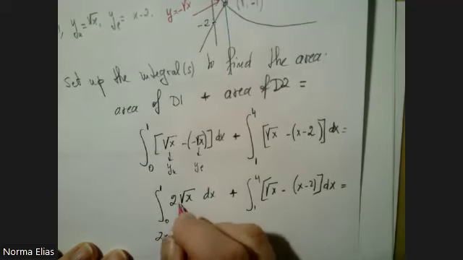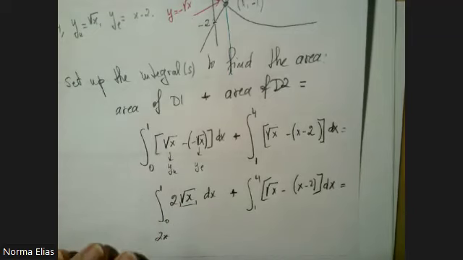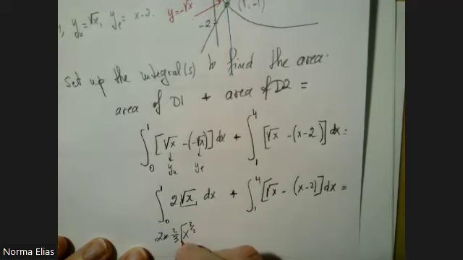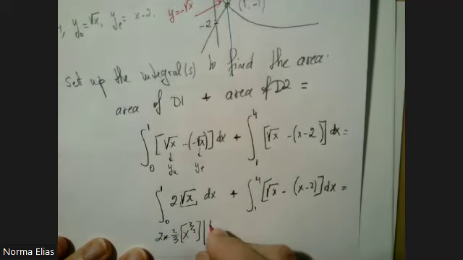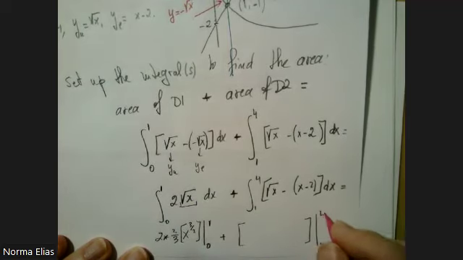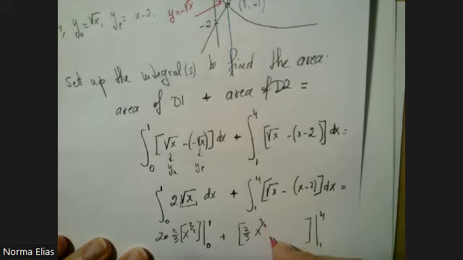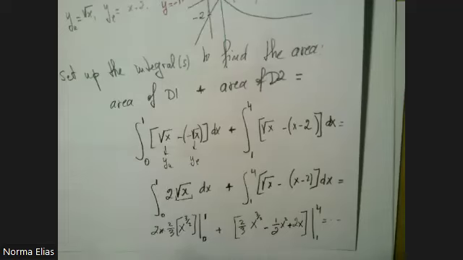Root x is x to the power 1/2, so the antiderivative is 2/3 x to the 3/2, evaluated between 0 and 1, plus, between 1 and 4, 2/3 x to the 3/2 minus 1/2 x squared plus 2x. You guys finalize it, I will not finalize it.